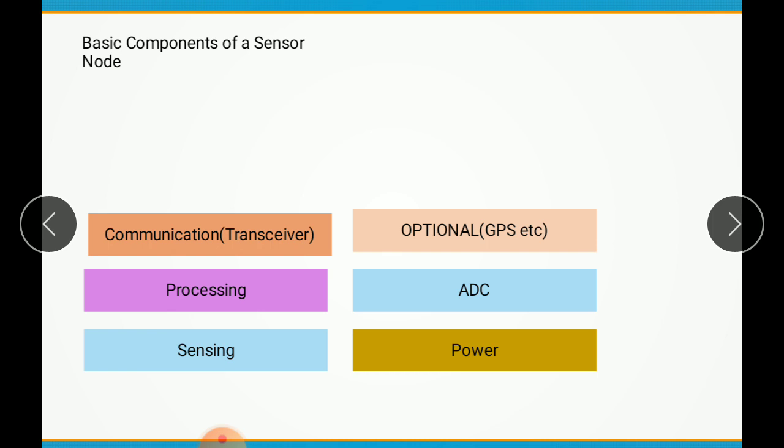Then the ADC, the analog to digital converter. Then sensing devices to sense the data, and after sensing there is processing and communication. These are the necessary parts. We can also use optional parts in our node, like GPS for location tracing and other optional devices.